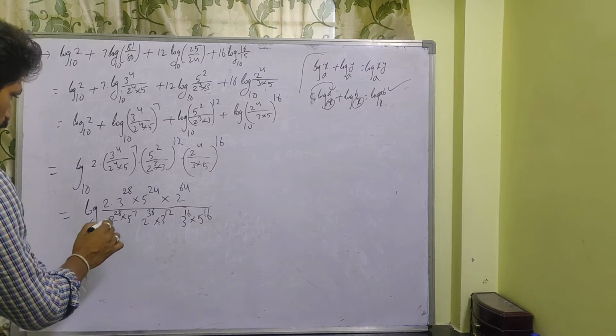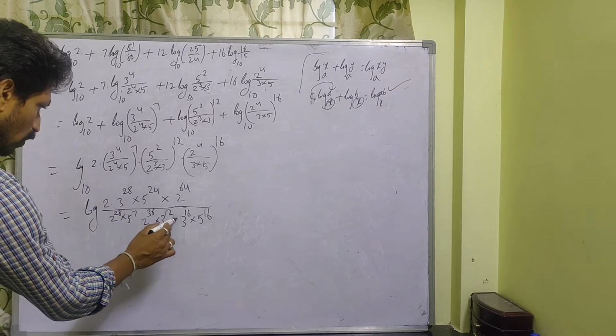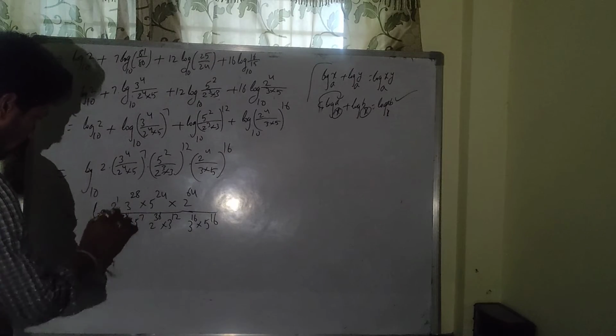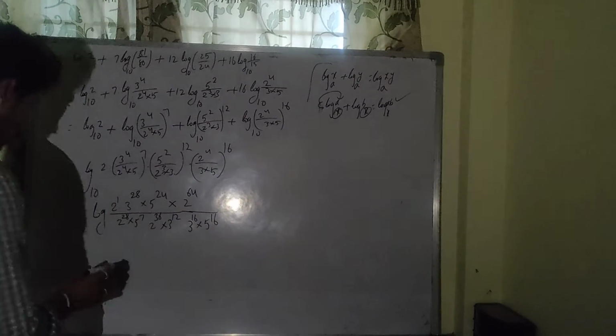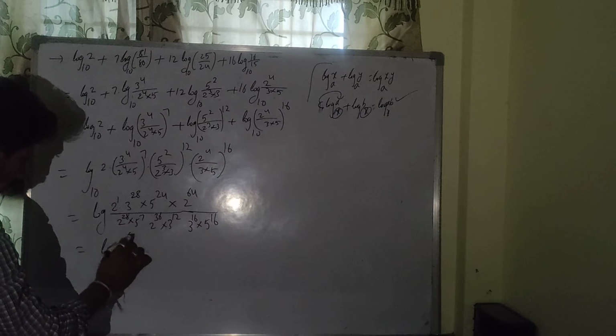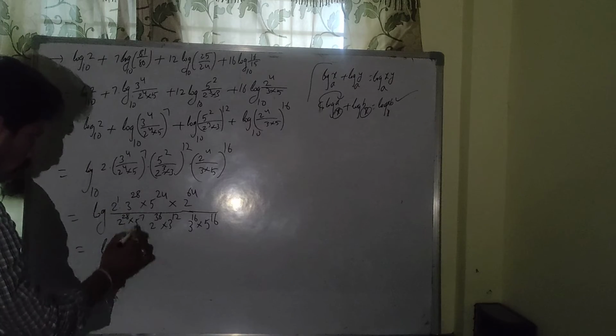See this here 3 power 28 is there. Here 3 power 12, 3 power 16 is there. First you simplify it. Here 2 power 1 is there, 2 power 64 is there. So this one you can write as log 2 power 65 into, here 3 power 28 is there. So only 3 is there.